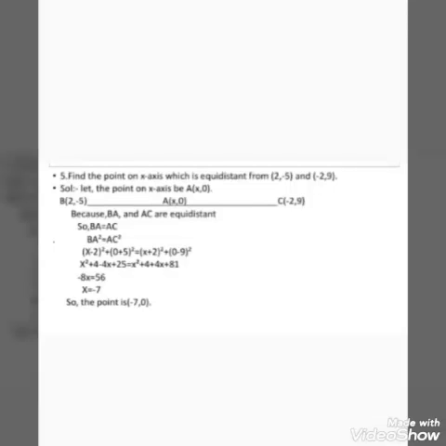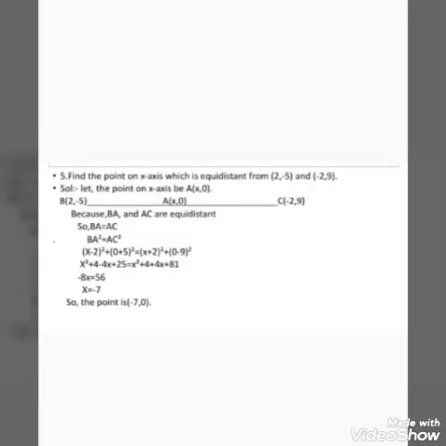So x square is cancelled by x square, 4 is cancelled by 4, and 4x is taken to the left hand side, so minus 4x minus 4x, minus 8x equals 81 minus 25, which is 56. So x is equal to -7. So the point is (-7, 0). We have got the point A, which is on x-axis, equidistant from both the points.